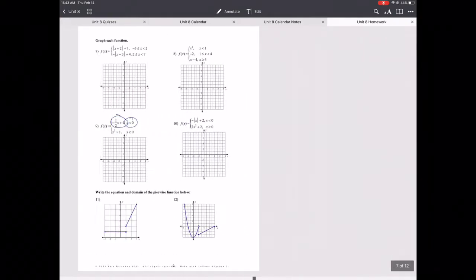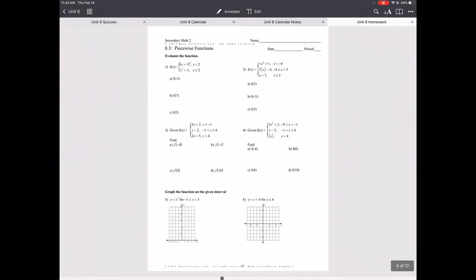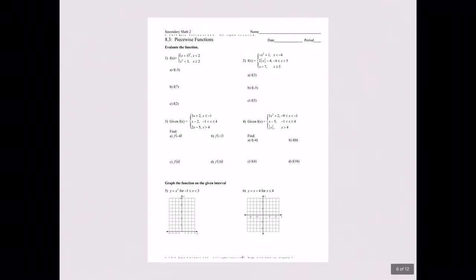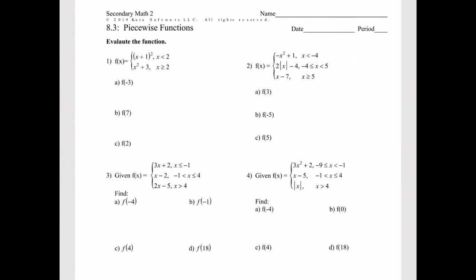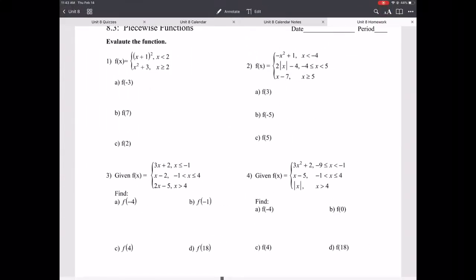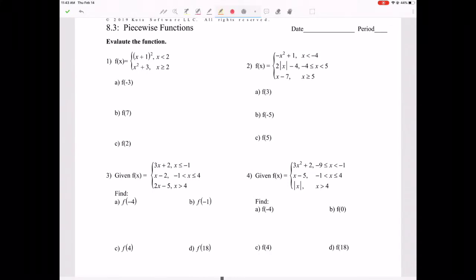What do we got here? So here we've just got some examples, like the first ones we did, where you will evaluate where they belong. So for example, negative 3. We would look at negative 3 and would say, is negative 3 less than 2? Yes, so we would use that equation. Okay.